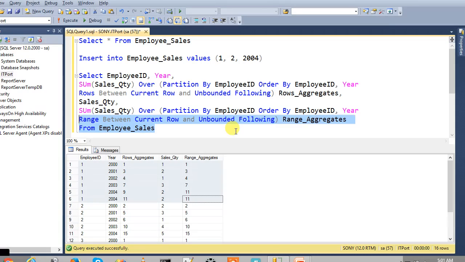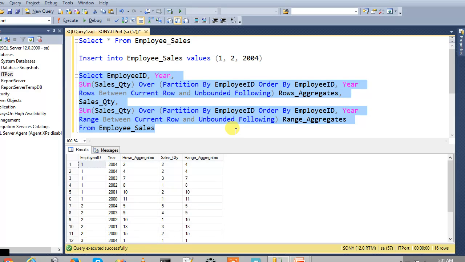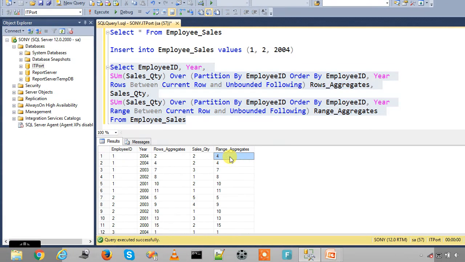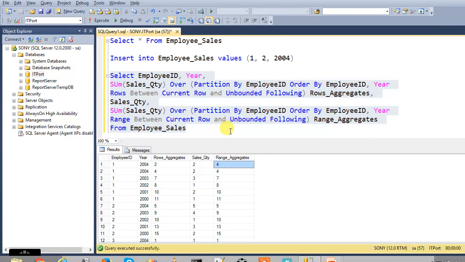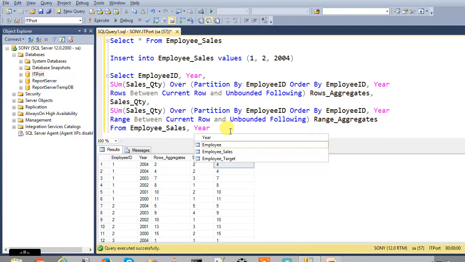See, this is current row and unbounded following, ordered by employee sales and year.